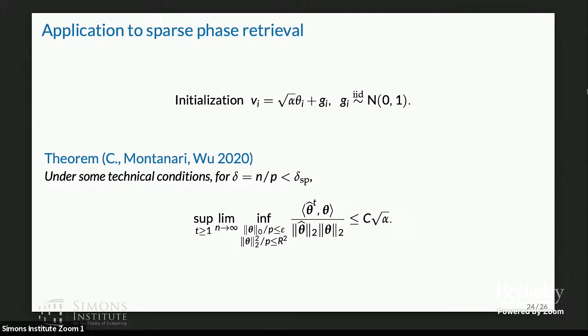That is, the estimation error that any first order method is able to achieve is not substantially smaller than what you could have achieved just by looking at the side information.